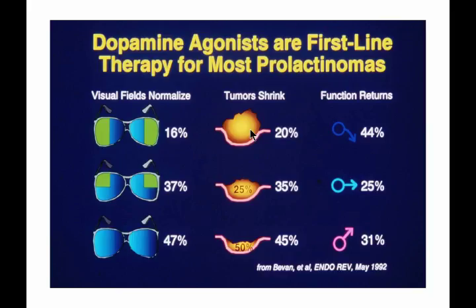And the shrinkage is interesting. It's a little like turning a grape into a raisin. Namely, all you do is you're depleting the tissue of these multiple secretory vesicles that contain prolactin, and you get shrinkage down.